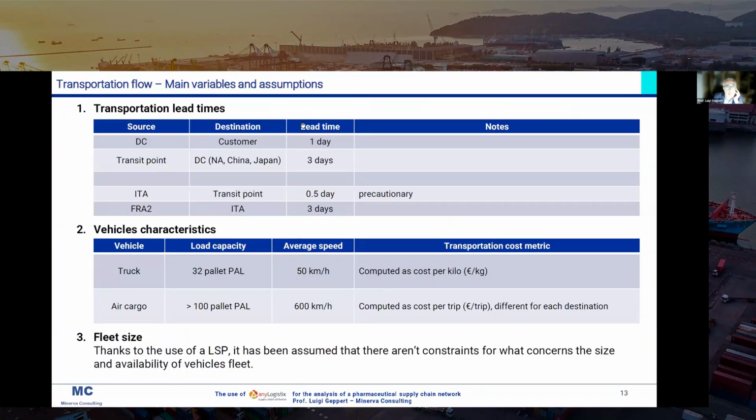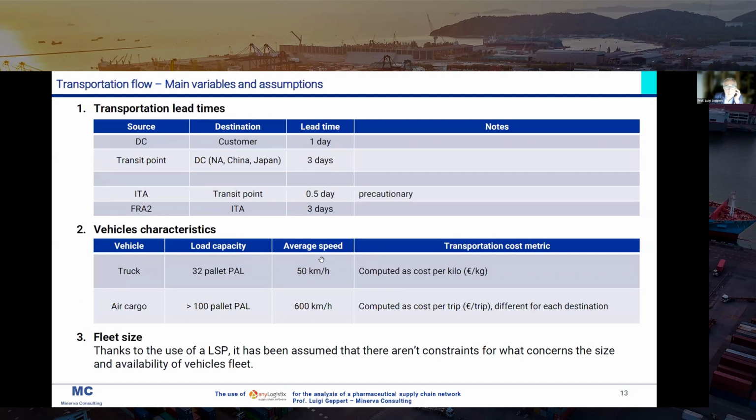These are some technical data, I don't spend so much time. For instance, we have 3 days from the transit point to the overseas market, and 1 day for the DC customers.